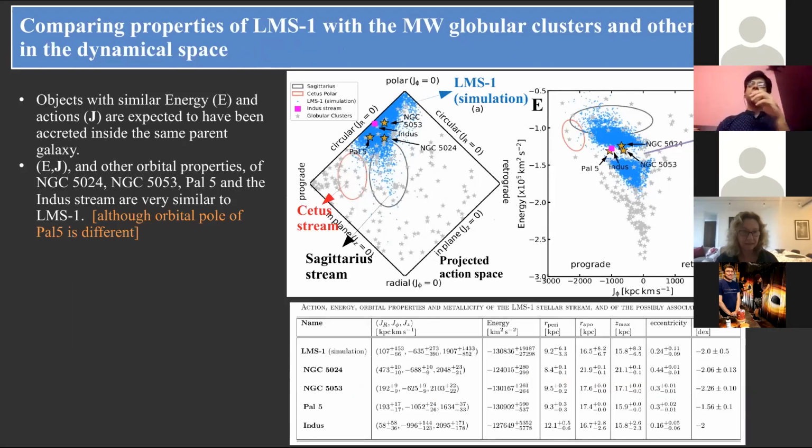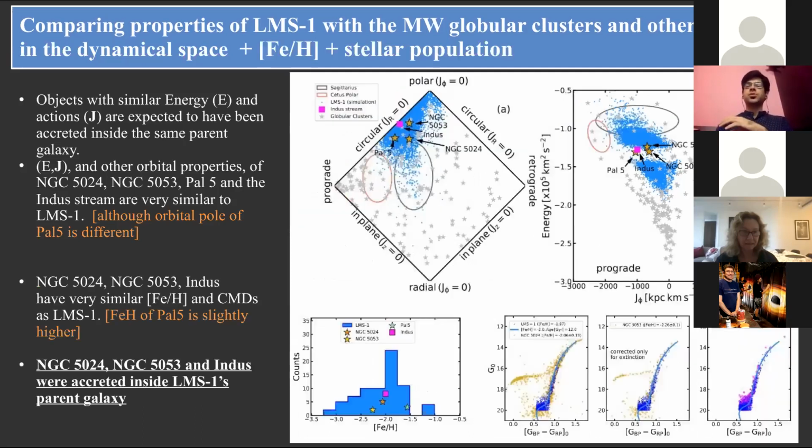What we can do is also try and compare the stellar population and the metallicity of these different globular clusters and Indus with LMS1 and see how they compare in the metallicity space and also in the color magnitude space. So you can see that these four objects, Indus and the three globular clusters, overlap with the metallicity distribution function of LMS1, and particularly the CMDs of Indus and 5024 and 5053 match quite well with the CMD of LMS1 that you can see here.